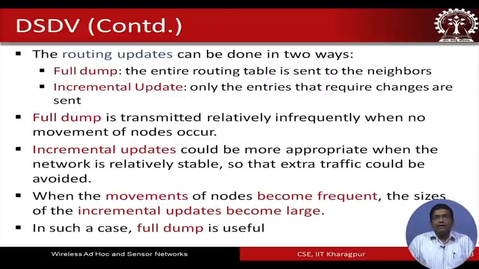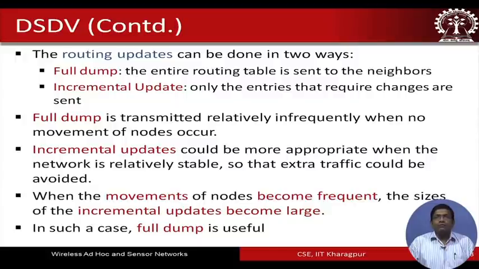Now, a very interesting thing that has to be kept in mind for using DSDV: how are these routing updates done? The authors of DSDV, the people who proposed the protocol, suggested that it can be done in either of two ways.